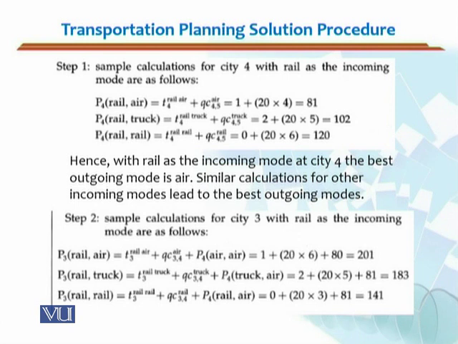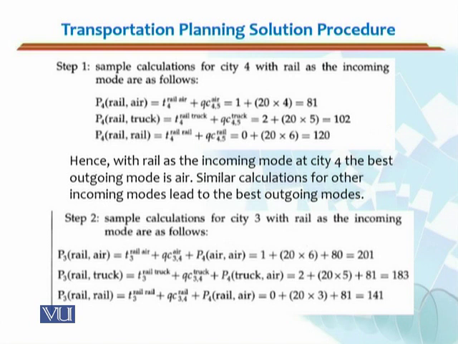Similarly, if we are using rail as a mode of transportation for the last city and you switch to truck, you will compute it in a similar fashion. And if you are using rail, the other option would be rail. So you can see that these recursive functions are actually using all the modes of transportation.